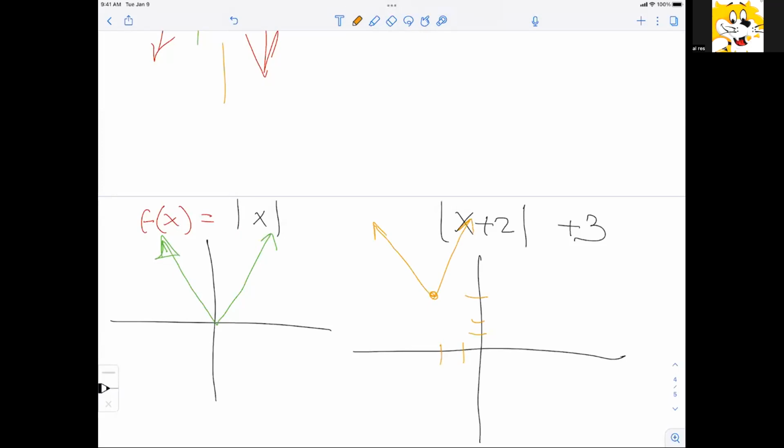And this is the one, the absolute value of x plus 2, plus 3, because this would be -2, +3.